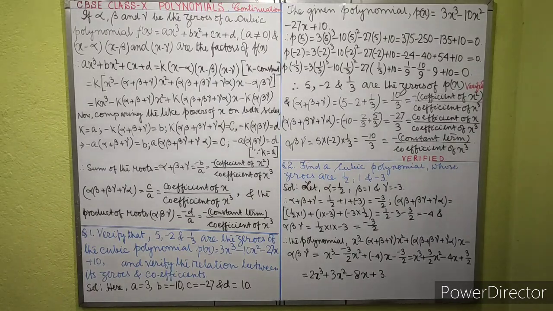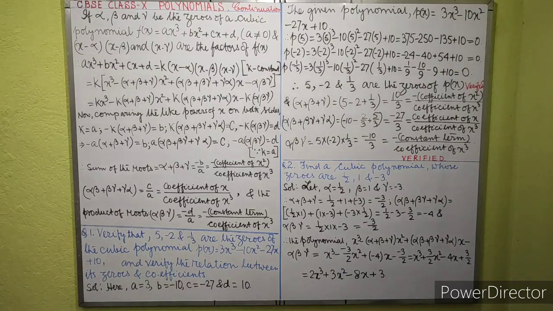Remember, k is a constant. That is, k times [x cube minus (alpha plus beta plus gamma) x square plus (alpha beta plus beta gamma plus gamma alpha) x minus alpha beta gamma].